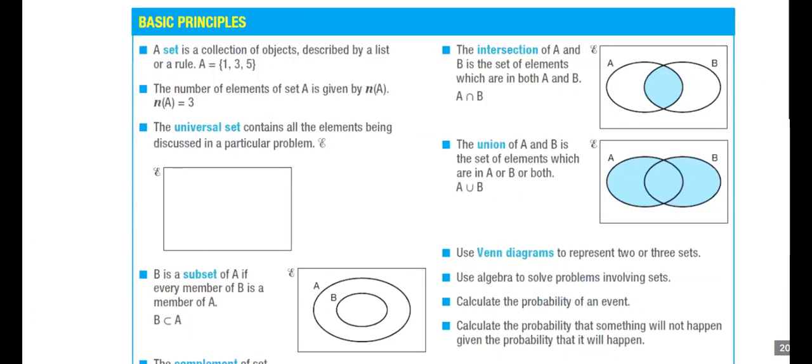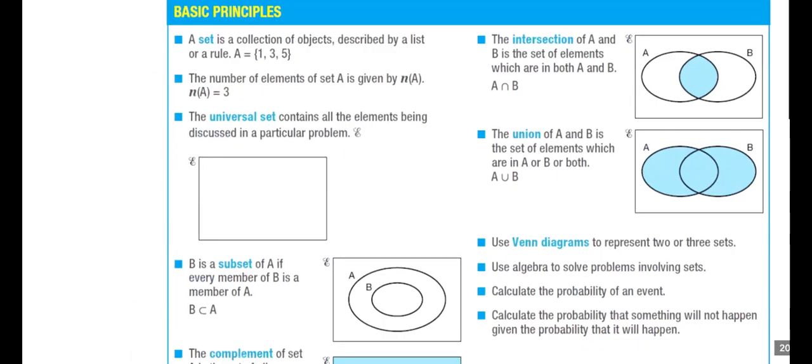A universal set is the set that contains everything that is being discussed in a particular problem. For example, my universal set could be all the students in a classroom, and then a specific set in the universal set could be all the students who are taking math. So the universal set contains the whole classroom, basically, everybody that I'm considering. What is a subset?